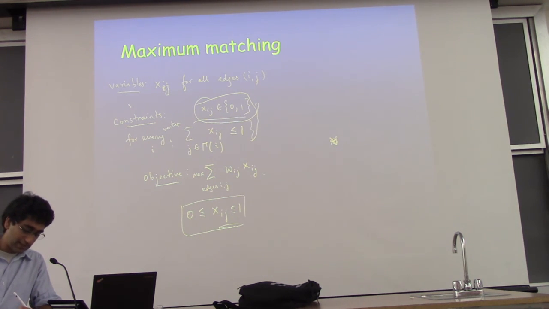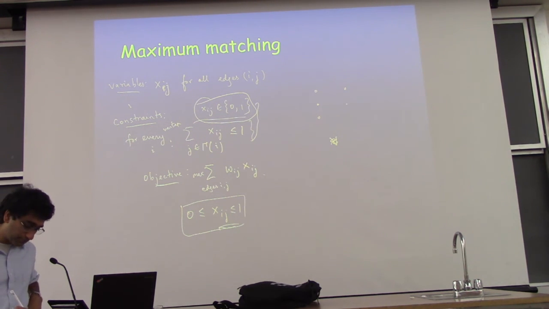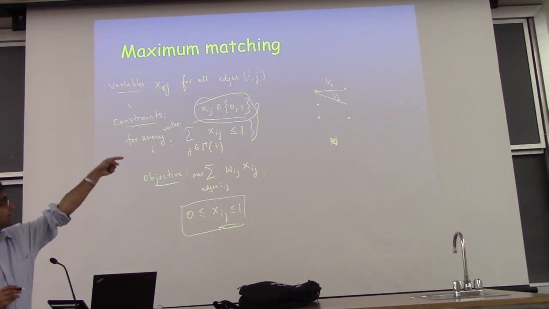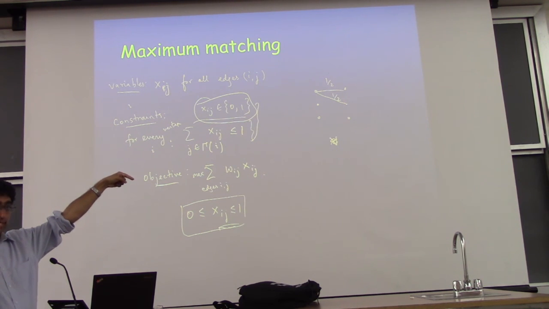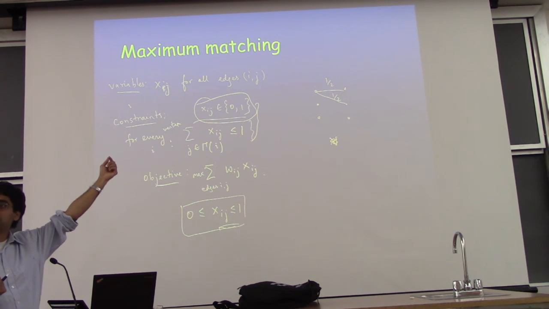It basically means that your solution, in a very simplistic case, could be you have 3 vertices. And you could have, let's say, the xij values be half and half for this. And this satisfies the constraint because the sum of these two is less than or equal to 1.